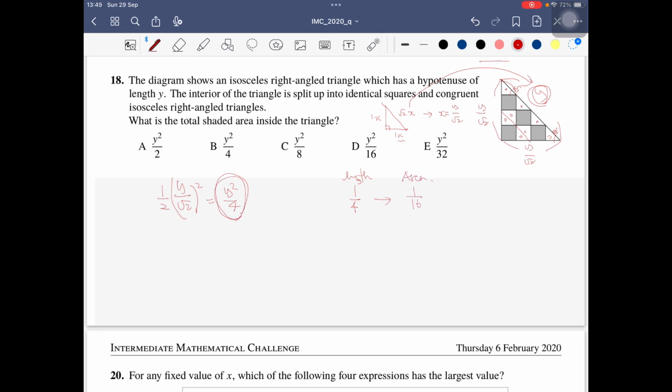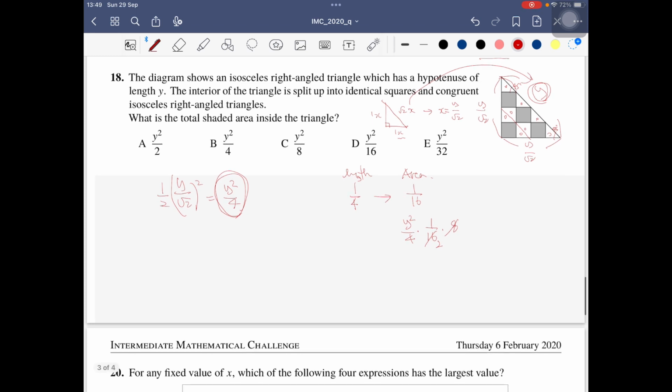So this was the original triangle area. Then one of the smaller areas is 1 over 16 times, now we have 8 of them. So the white area is y squared over 8. So now we can subtract: y squared over 4 minus y squared over 8. So it becomes y squared over 8.